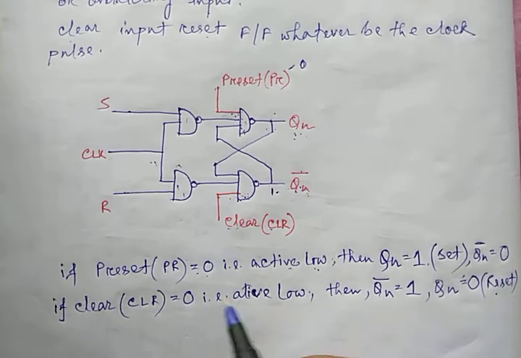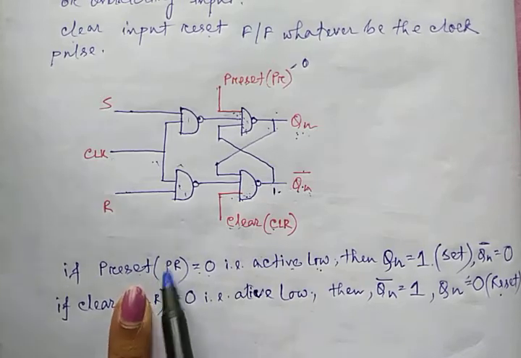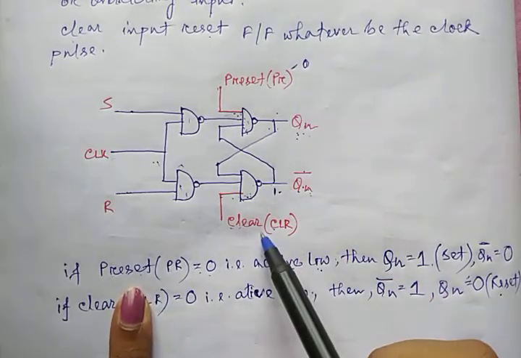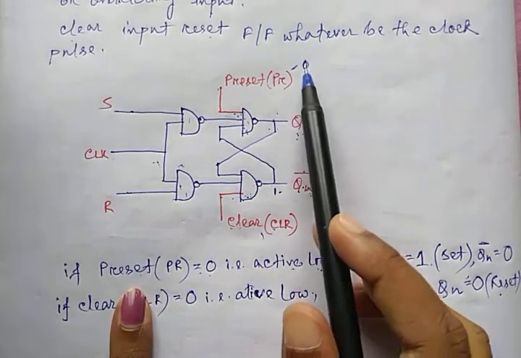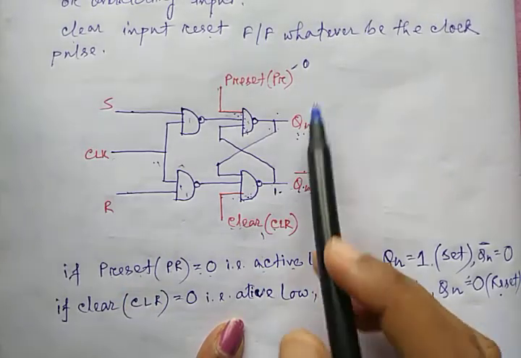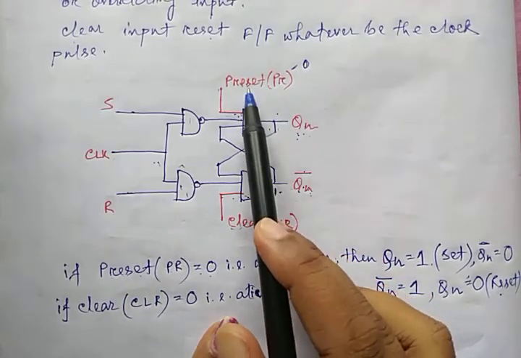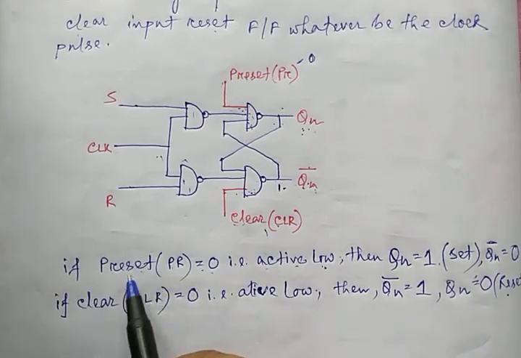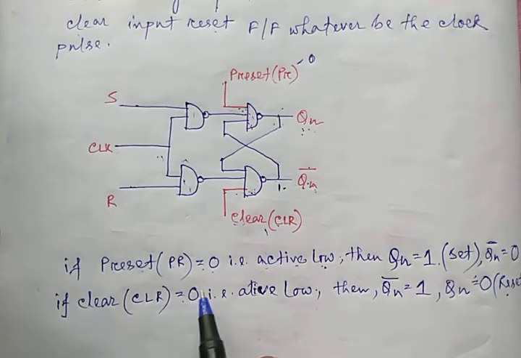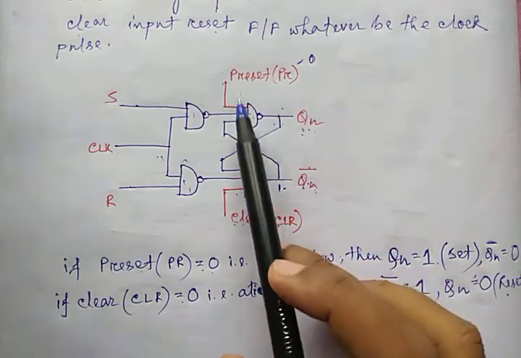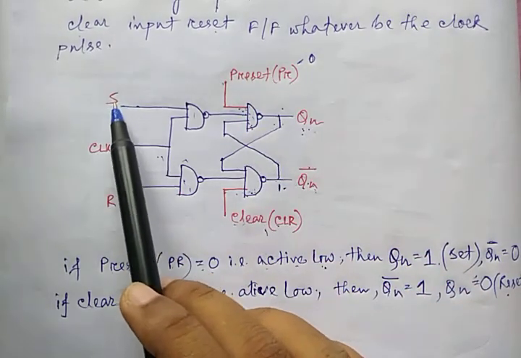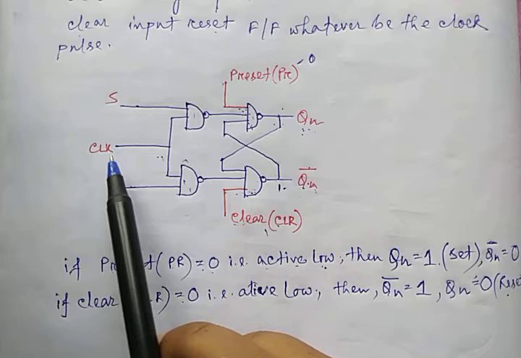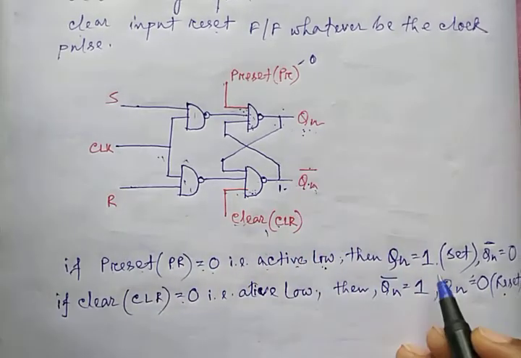So you can see that in both inputs, we feed an active low value, that means 0 value. This is the main purpose of our preset and clear: if we apply 0 in preset, whatever the value of the inputs S, R and clock, we get output as 1.